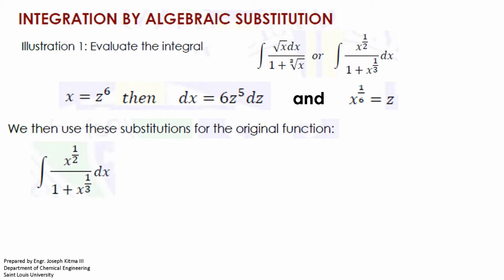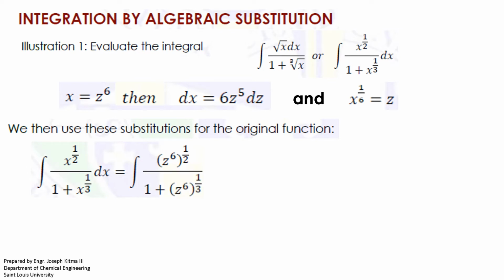We then use these substitutions for the original function. The integral of x raised to 1/2 all over 1 plus x raised to 1/3 dx, if we substitute the value of x raised to 1/2, this will become z raised to 6, and the whole quantity will be raised to 1/2, since x is equal to z raised to 6, and in the original equation, x is raised to 1/2.